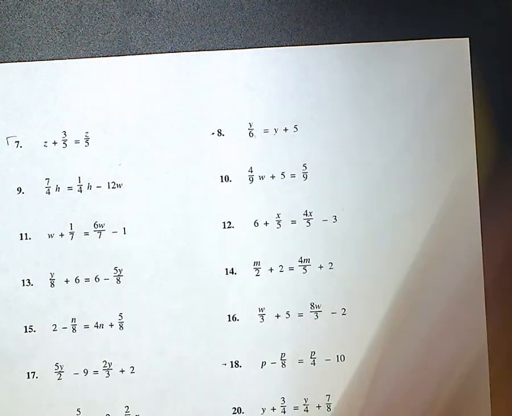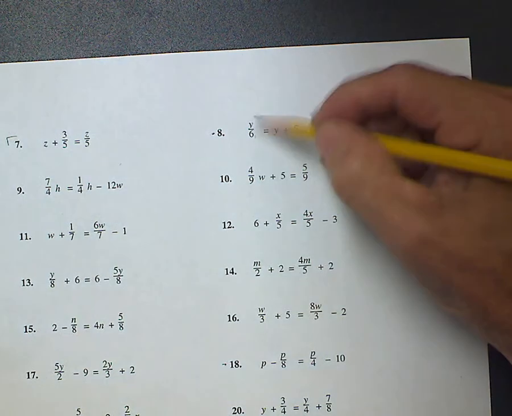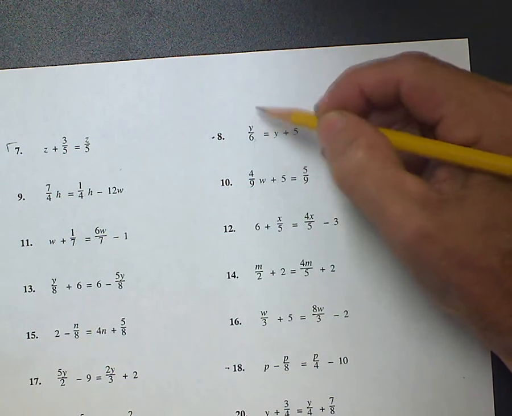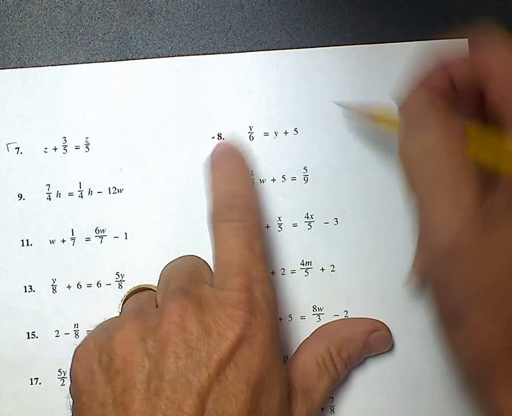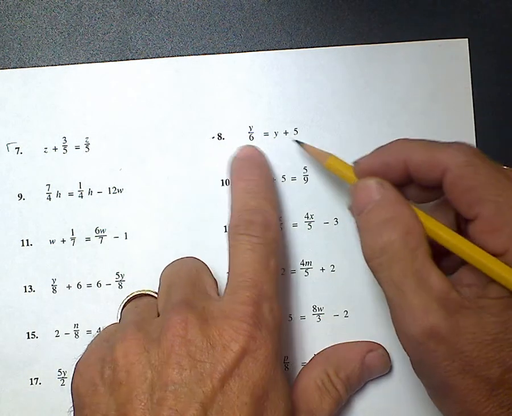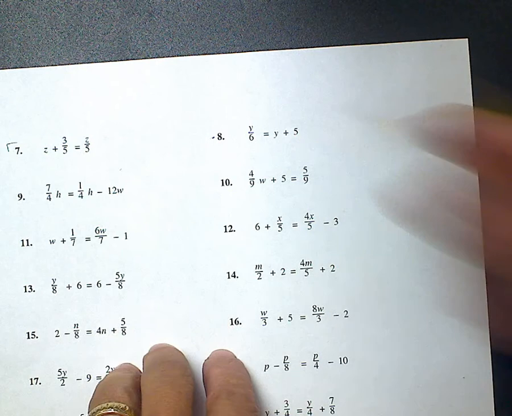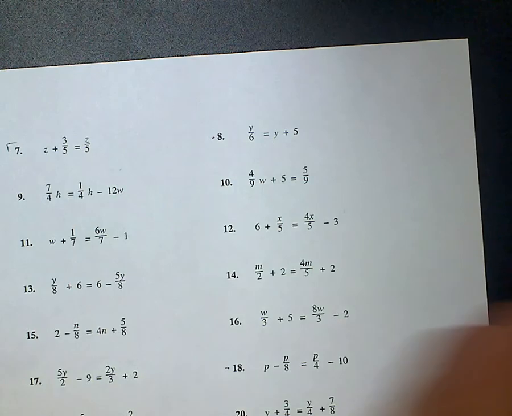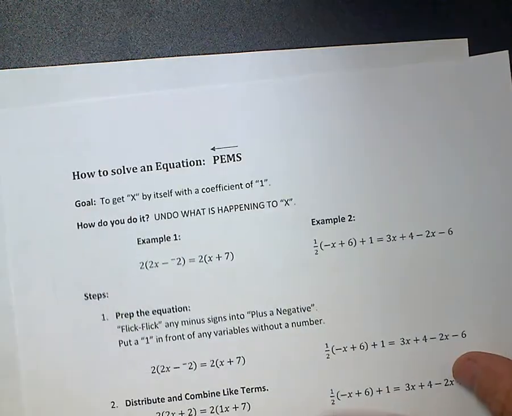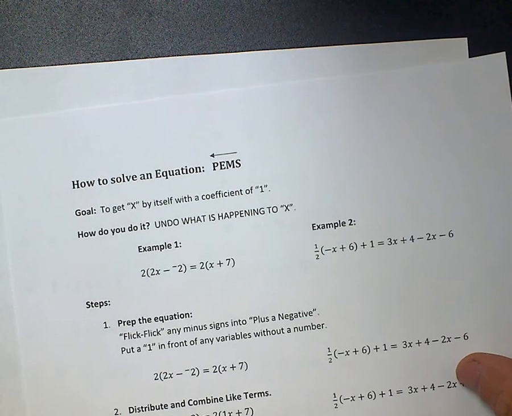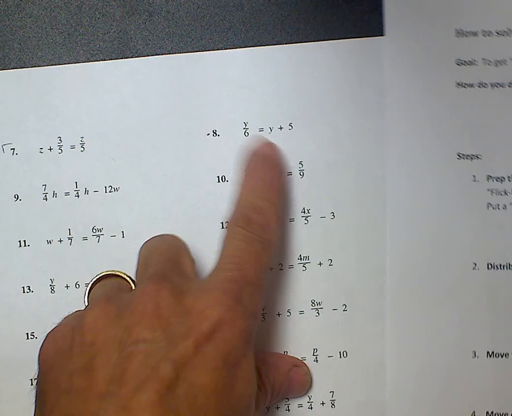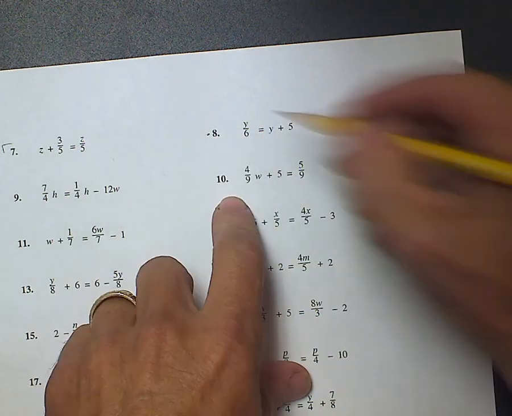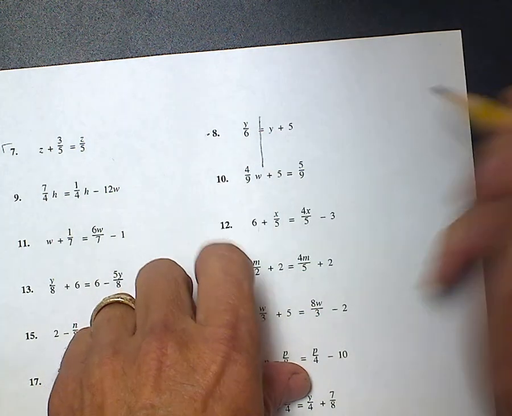If you'll look, we have the idea of a fraction here. So this part looks very similar to yesterday. This, however, looks more like problems we've done in the past. If you remember the process of solving an equation, the ultimate goal was to get all the letters on one side and all the numbers on the other. As I look at this, I've got letters on both sides of the equal sign.